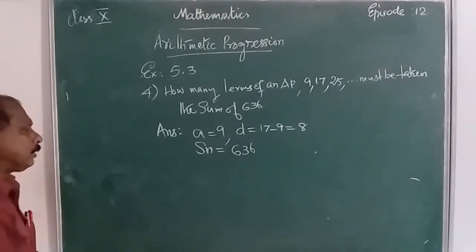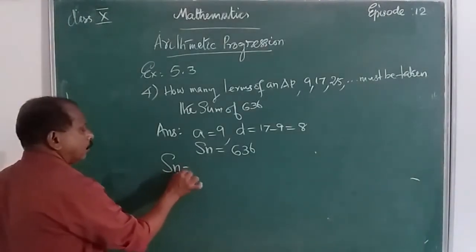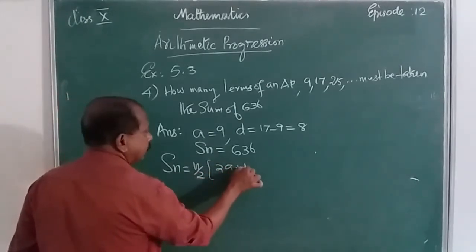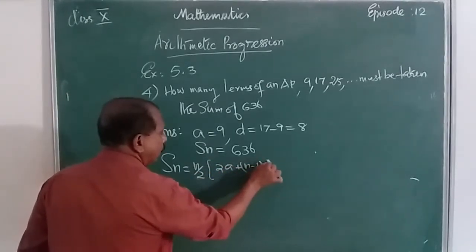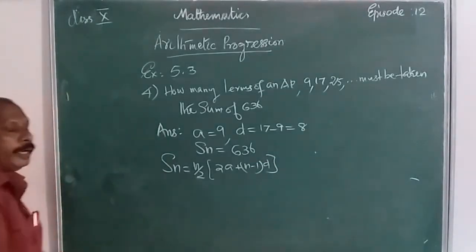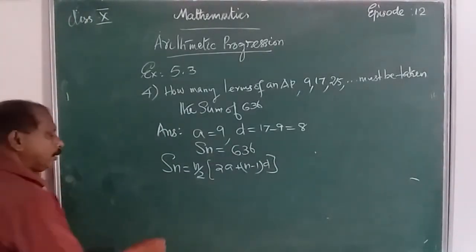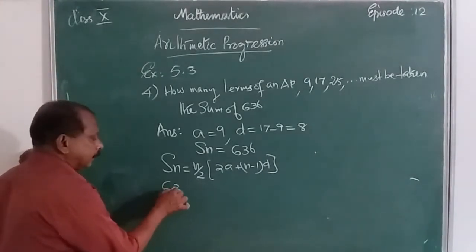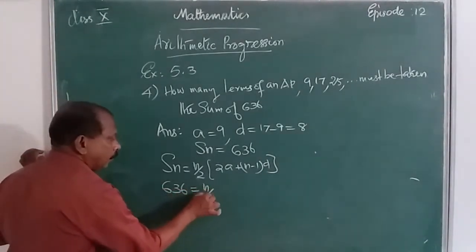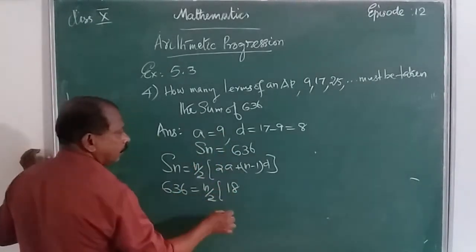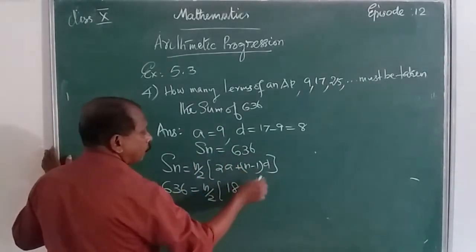Therefore the formula is Sn is equal to n by 2 into 2a plus n minus 1 into d. This is an applied question for the quadratic equation. Then 636 is equal to n by 2 into 2 into 9, that is 18, plus n minus 1 into 8.